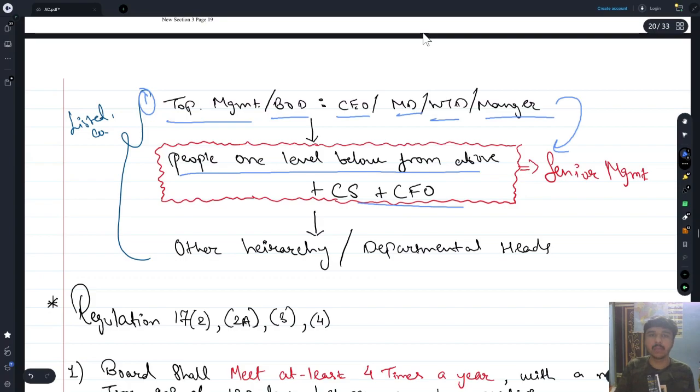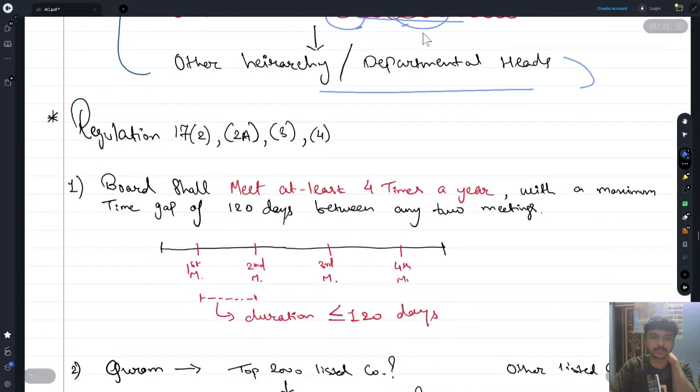They are not part of the board of directors, but they are below them, and it mandatorily includes the company secretary and the chief financial officer. So senior management mandatorily includes CS and CFO plus people who are one level below the top management. And then comes the other hierarchy, departmental heads and all those. So for a listed company, these are the senior management.